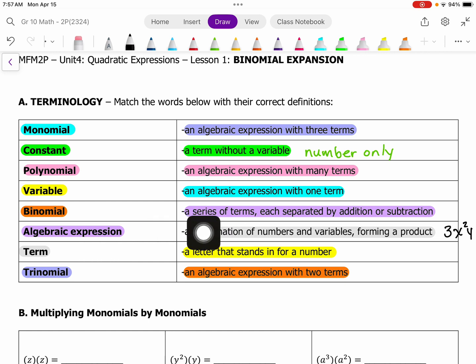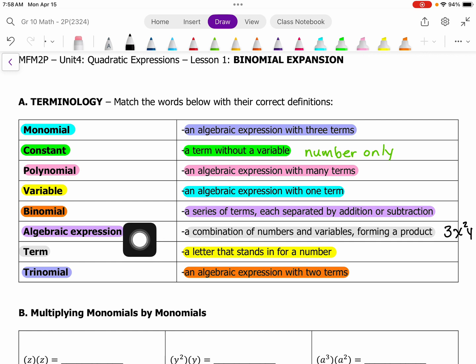So a series just means we have multiple terms, more than one, and they're separated by an addition or a subtraction. So all terms are things that have numbers and or letters that are being multiplied together. So anytime we see an addition or a subtraction, we have a new term. So an algebraic expression is just multiple terms separated by addition or subtraction.